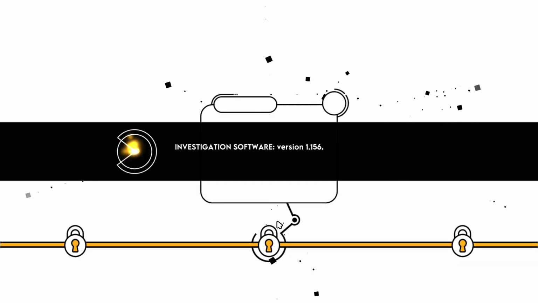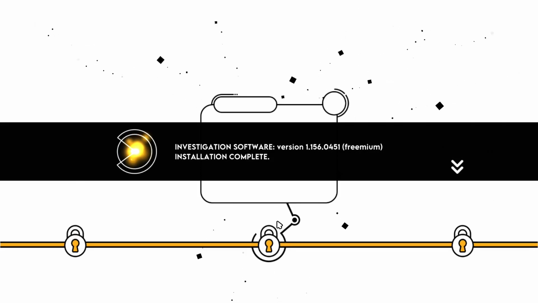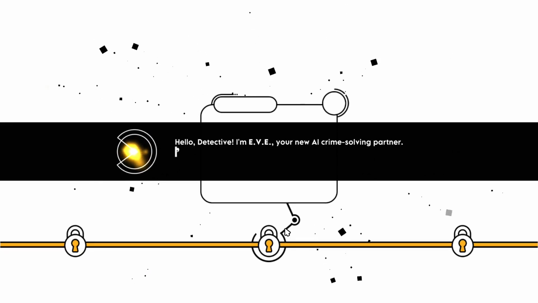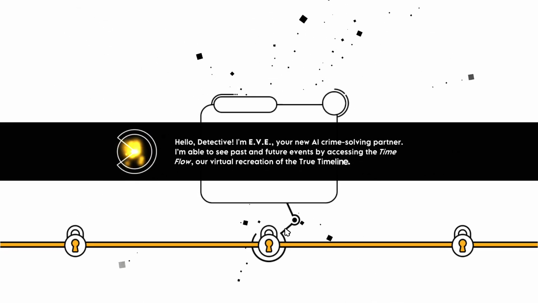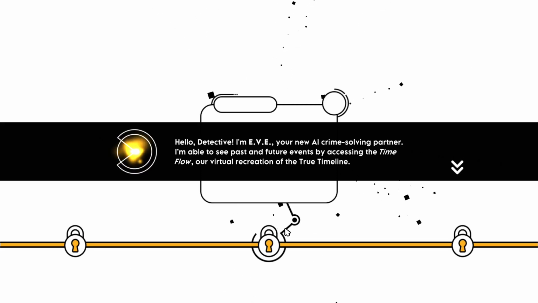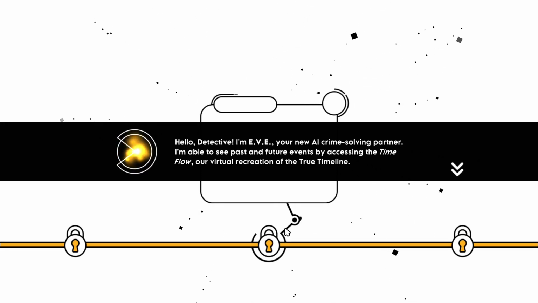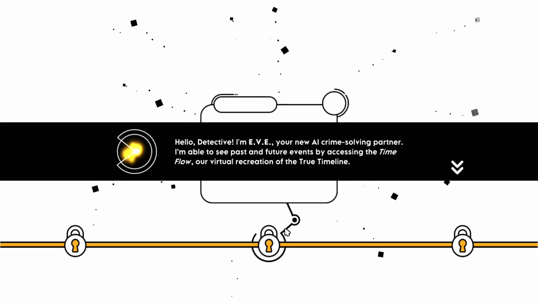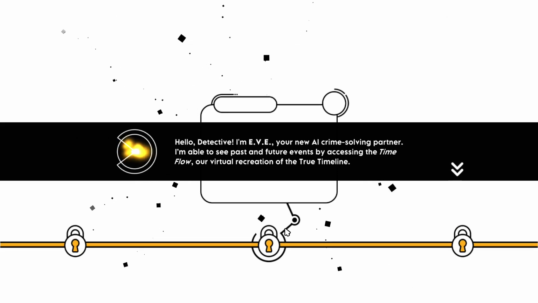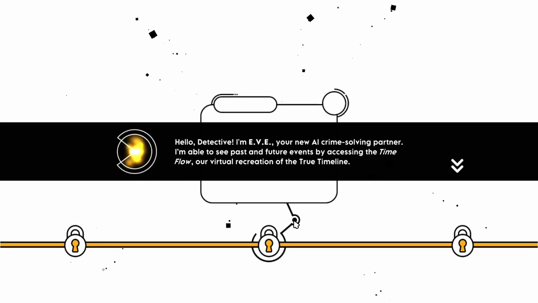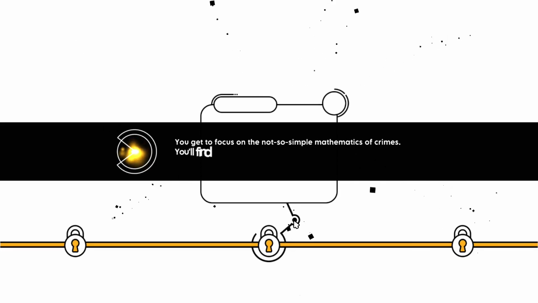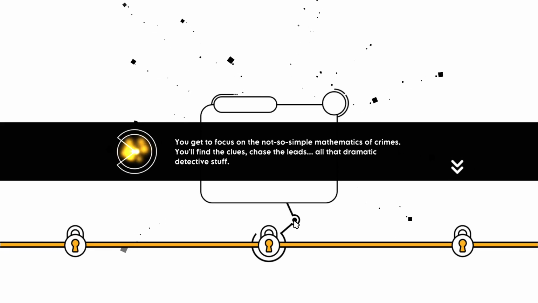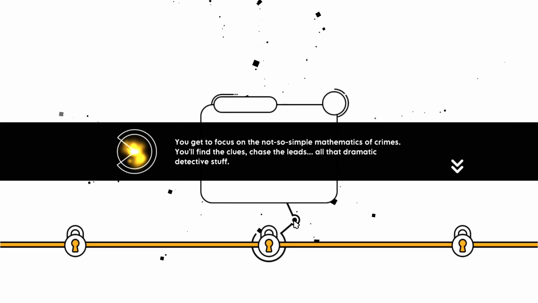Okay, music, investigation software, freemium installation complete. Hello, detective. I'm EVE, your new AI crime solving partner. I'm able to see past and future events by accessing the time flow, our virtual recreation of the true timeline. Okay, Loki. You get to focus on the not so simple mechanics of mathematics of crimes.